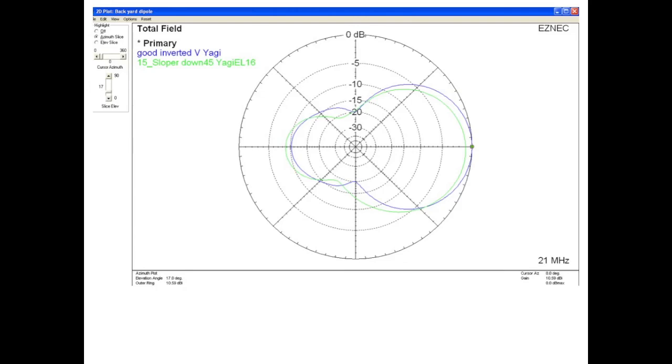Doing an inverted V Yagi requires significantly more effort than using a sloping Yagi. There may be times that somebody may prefer to do that. I just don't think there's enough payback to warrant the effort of doing an inverted V Yagi, particularly at 15 meters or 10 meters or even on 20 meters.